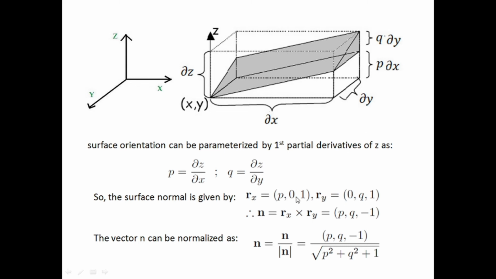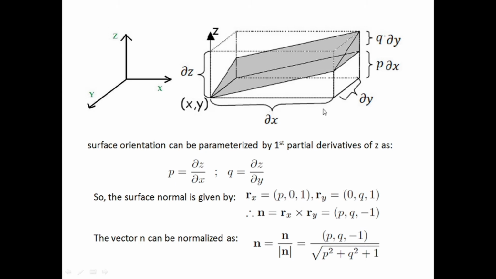So (1,0,p) and (0,1,q) are the vectors, because these Rx and Ry are vectors present in your 3D environment. That is why I have considered a 3-dimensional vector here, because it is a 3D coordinate system.